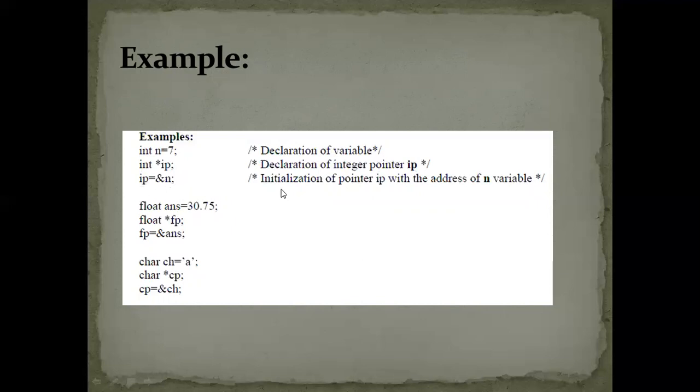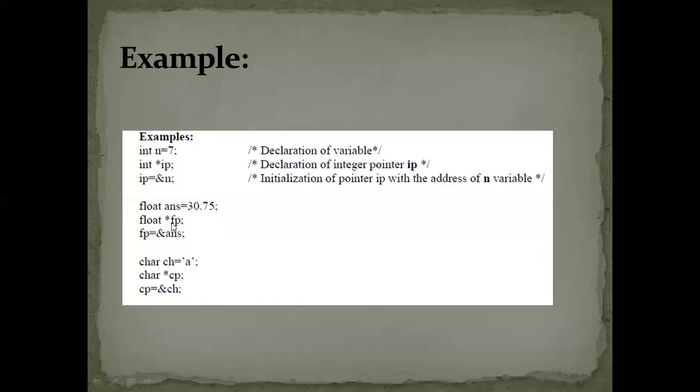Okay, so this is initialization of pointer ip with address of n variable. Understood this? The next is with respect to float. float ans, the value is what? 30.75. This is the value which you have assigned to ans. So this is a floating point pointer, what? fp.